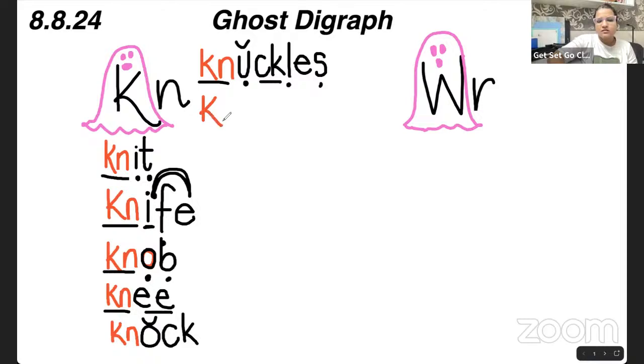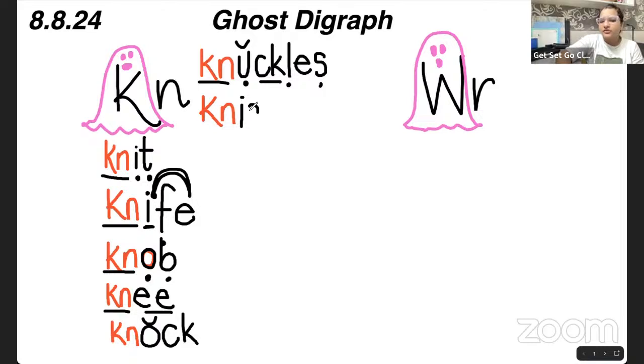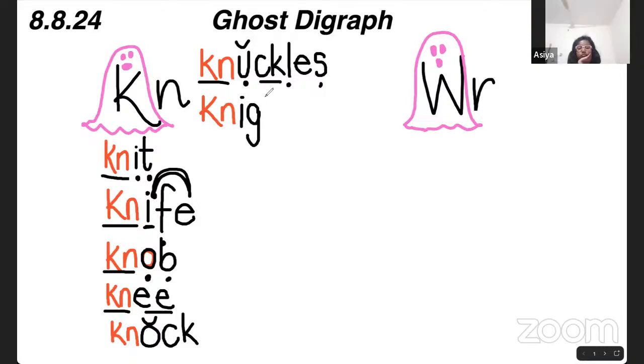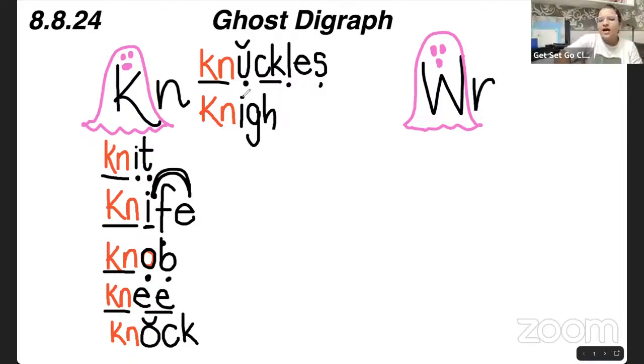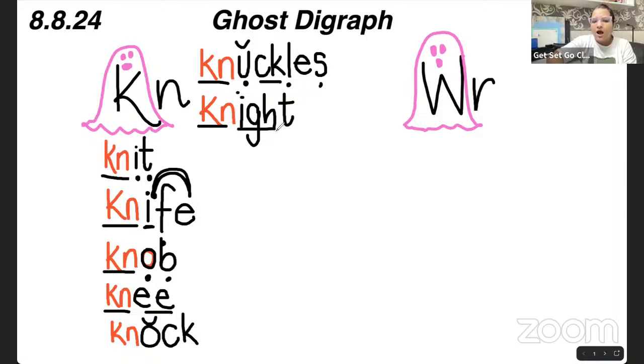Yes. I sound is by IGH. Together, they make the sound of I. Or you can say I takes its name and GH is silent. And then T, night. So, I and T, night.